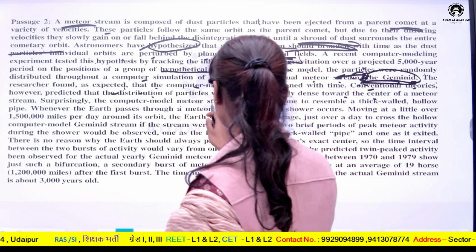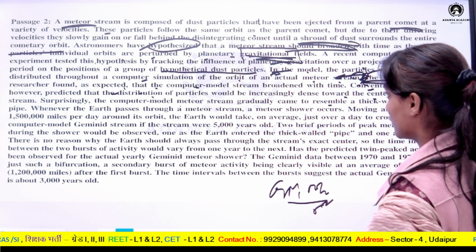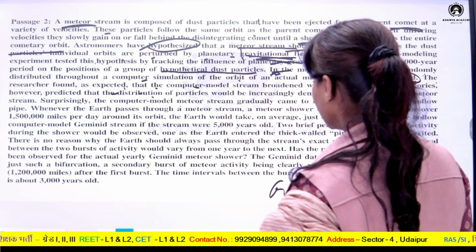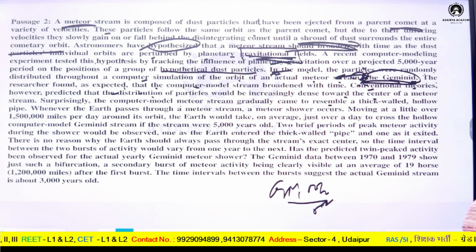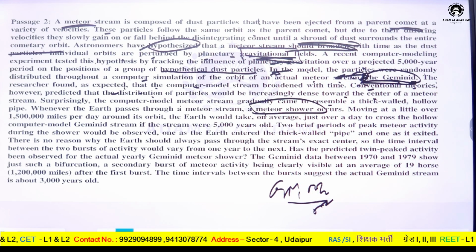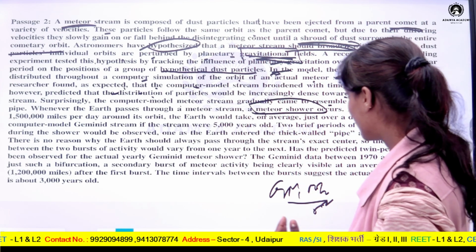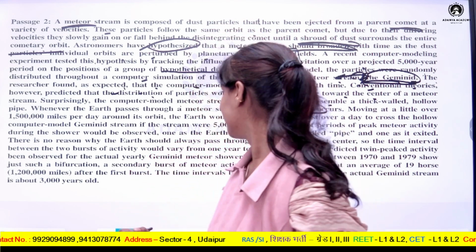Surprisingly, the computer model meteor stream gradually came to resemble a thick-walled hollow pipe. Whenever the Earth passes through a meteor stream, a meteor shower occurs. This is also a term, meteor shower, which means a bombardment of meteors.